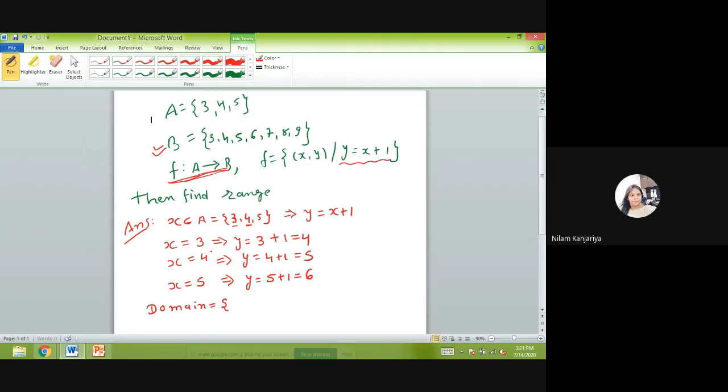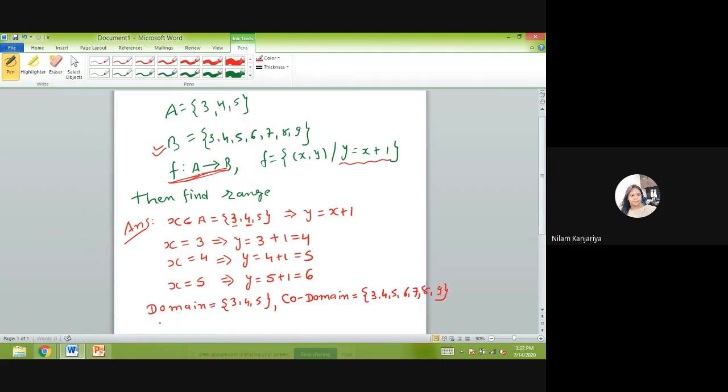The domain of set A. Because our function is A to B, our domain is 3, 4, and 5. And the codomain is 3, 4, 5, 6, 7, 8, and 9.